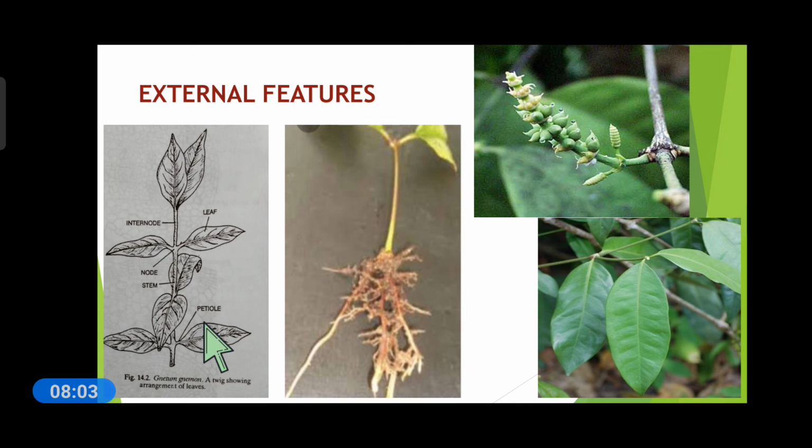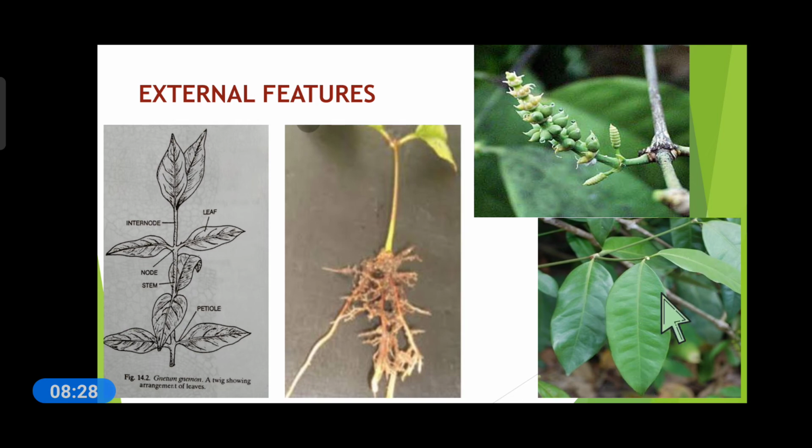But there is an exception, as in the case of Gnetum scandens, where the foliage leaves arise not only on the short shoots, but on the long shoots as well. So even on the long shoots, foliage leaves are present in the case of some Gnetum species.